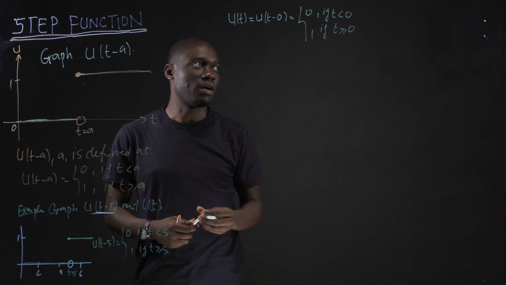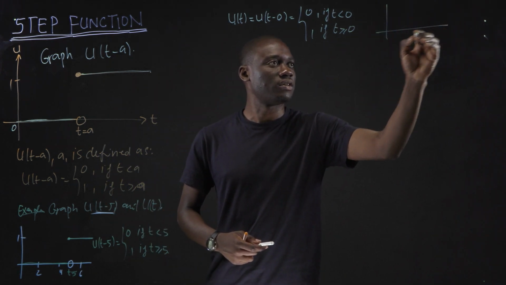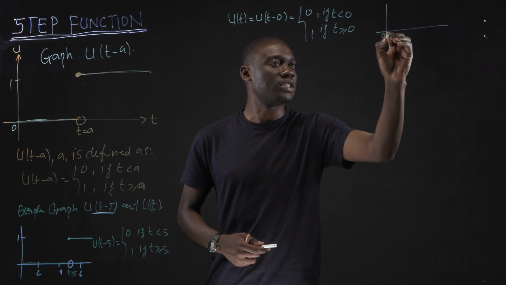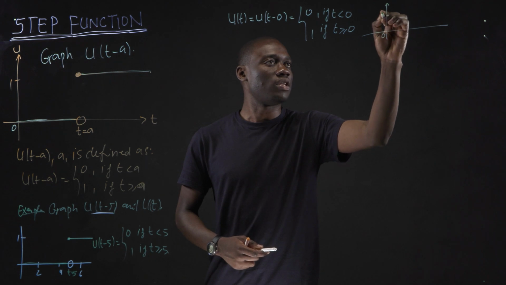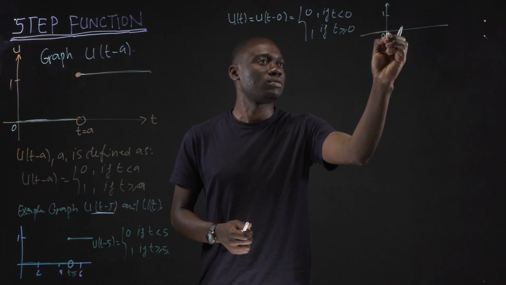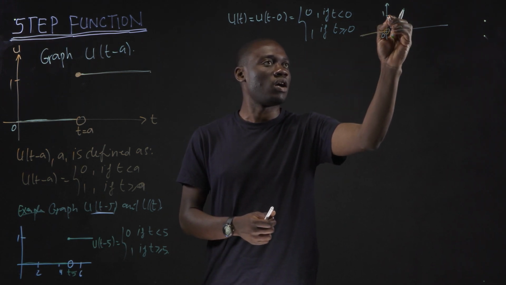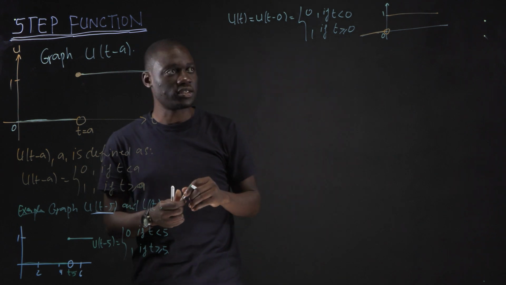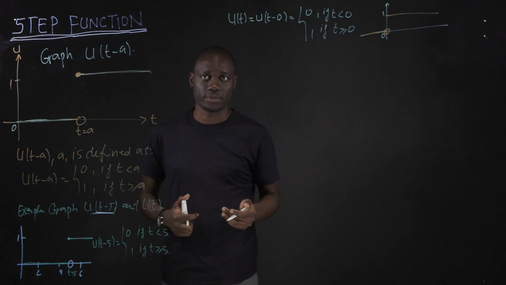And how do we graph this? It's easier, right? I have my graph here, and then I have 0, so I have 1 here. So when t is less than 0, I have 0, empty circle, 0, and when t is superior or equal to 0, I have 1. So that is the graph of my unit step function u(t).